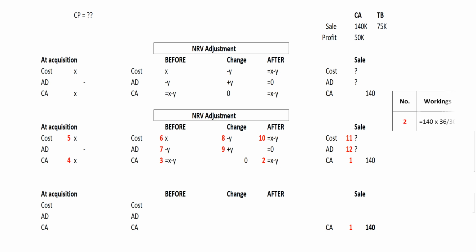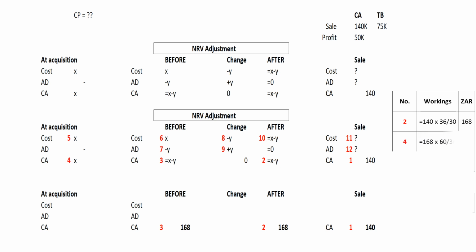Step number 2 is our carrying amount after the NRV adjustment, which is equal to 140 multiplied by our remaining useful life of 30 months on the date of the NRV adjustment, divided by 30 being the remaining useful life on the date of sale. So point number 2, we get a value of 168, which is the exact same thing as point number 3.